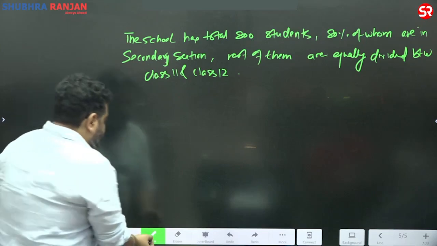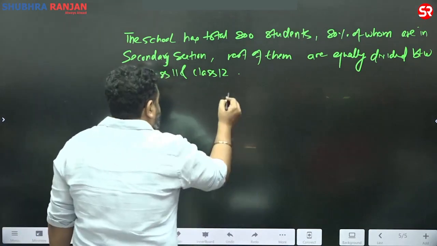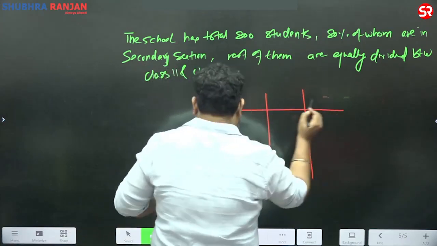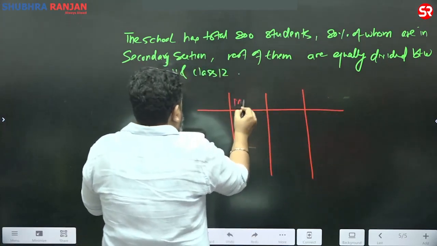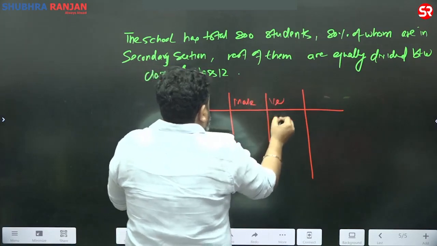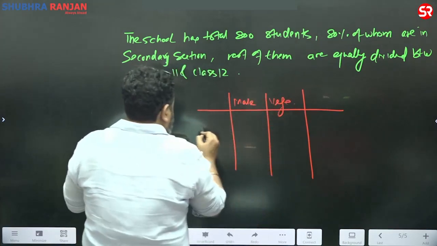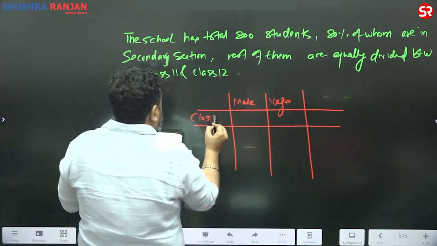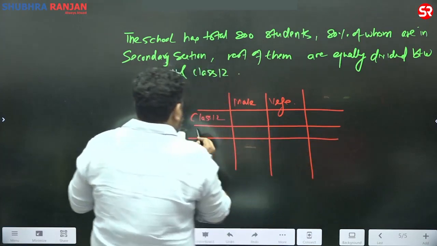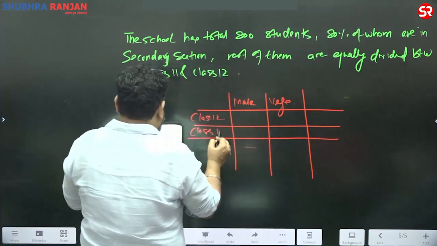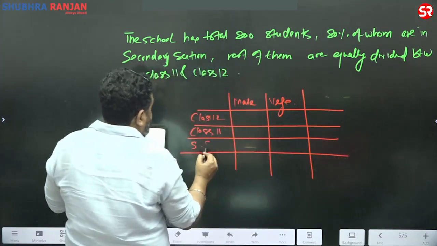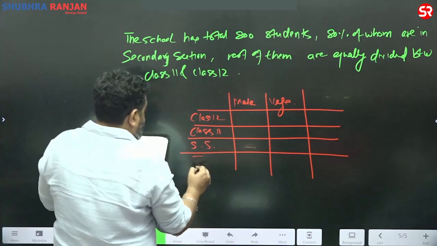So this is the table given to you, with the information I have given earlier. Male, vegetarian, class 12, class 11, senior secondary, and total.